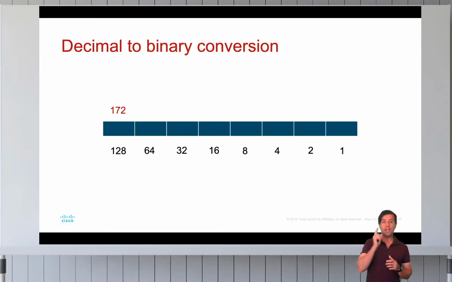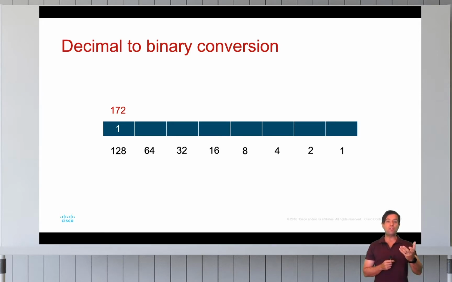Okay, so with that logic in mind, we're going to do the conversion by asking a few questions. Is 128 less than 172? And the answer is yes, which is the same as saying 1. So after we've done that, we've used the 128.